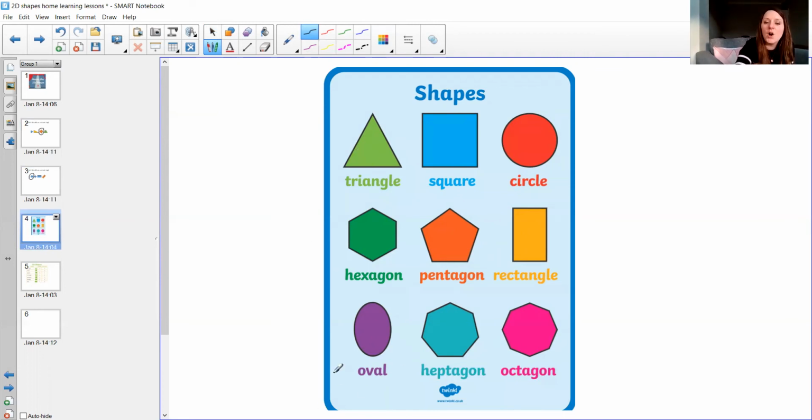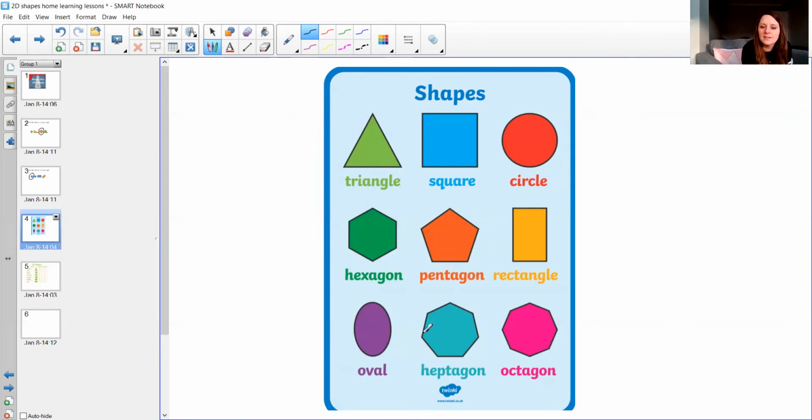So we've got our oval, just like a circle. It has 1 curvy side, but it's a bit like a squashed circle, isn't it? We've also got this one here, a heptagon. Have a look. How many corners does it have? Count if you're not sure. Did you count them?